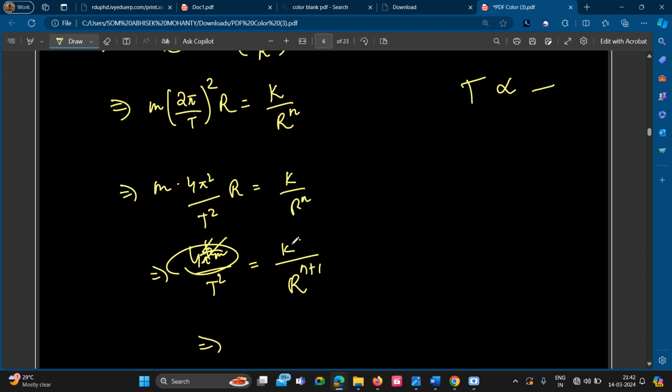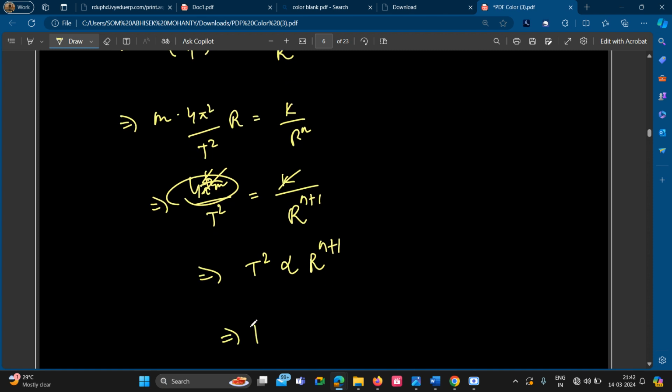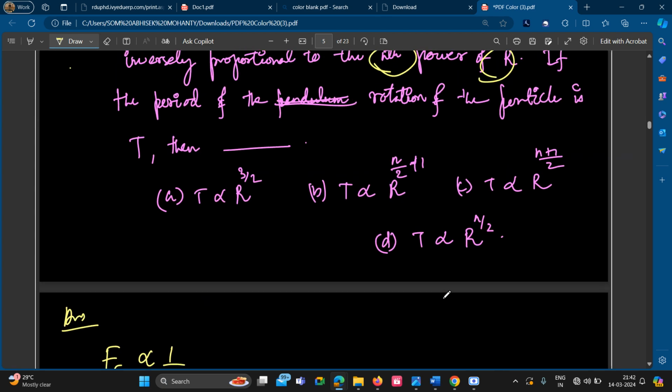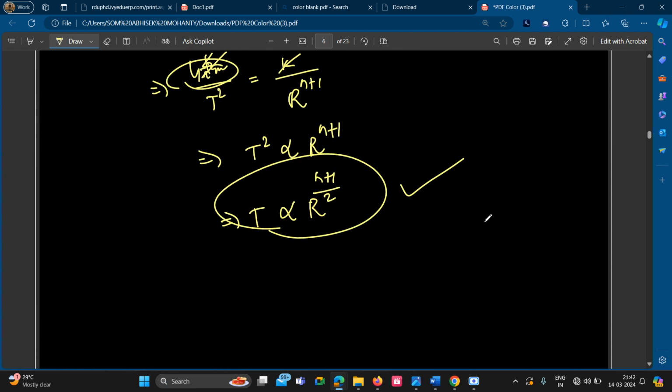So T square is proportional to r to the power n plus 1, right? So T is proportional to what? r to the power n plus 1 by 2. Is it all right? So which option is this? Option C. T is proportional to r to the power n plus 1 by 2.